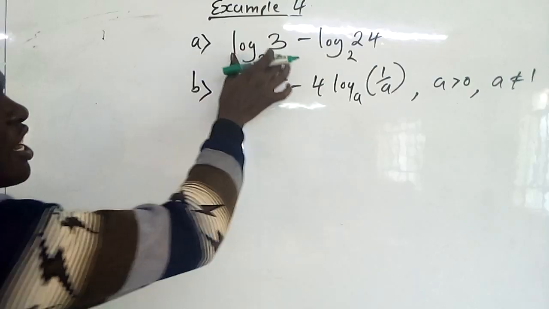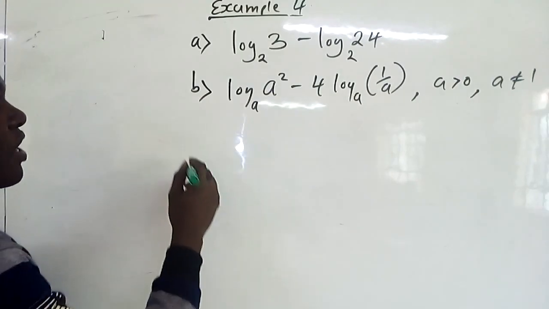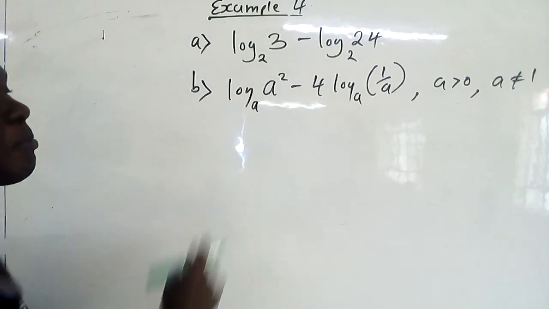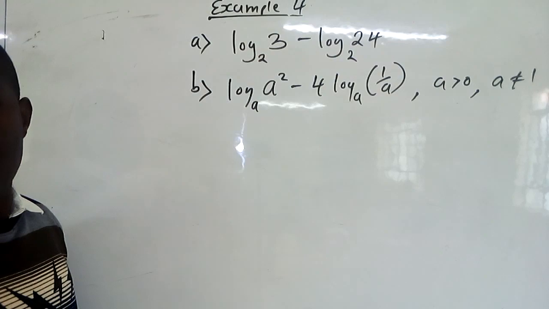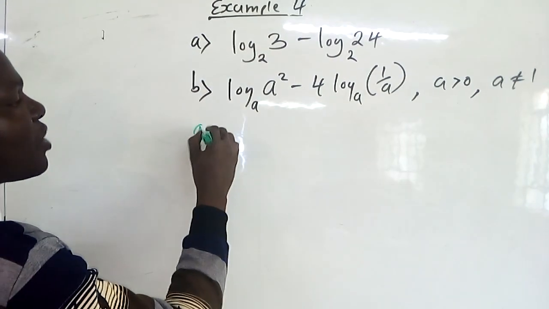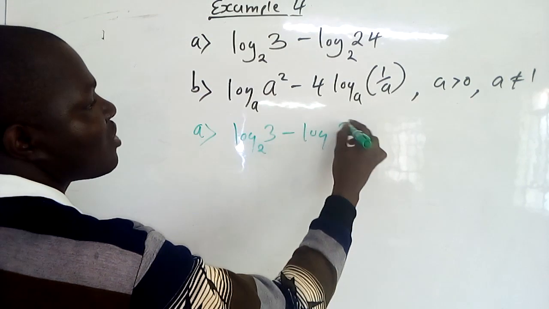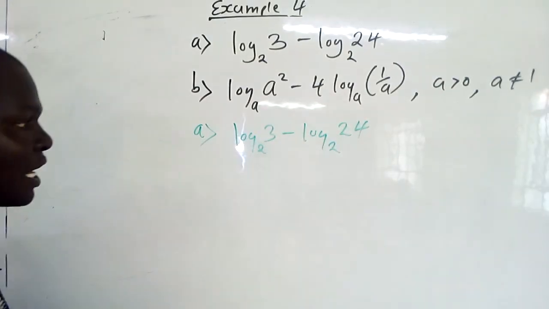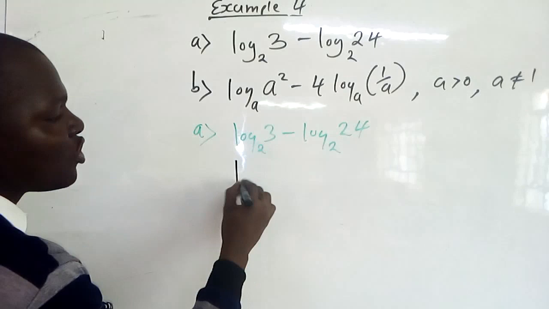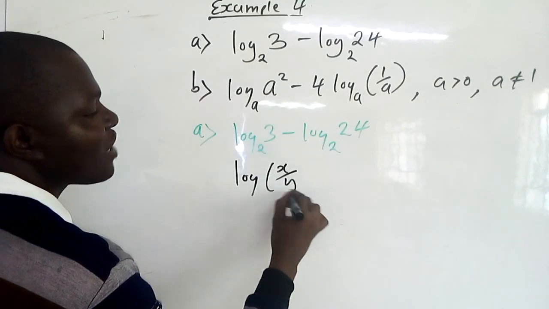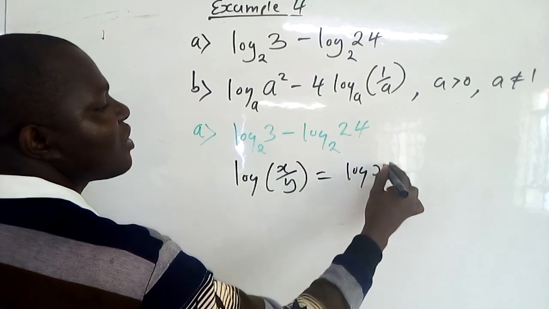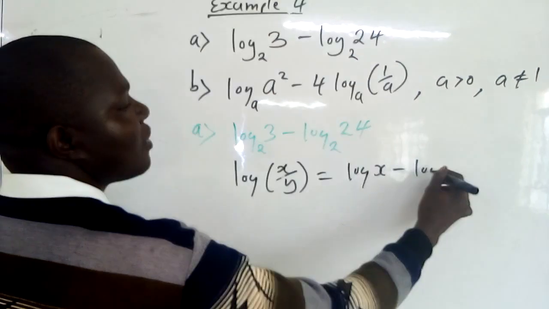It is direct. Same base with subtraction. It means we use this law of logarithm, isn't it? So part A we have log 3 to base 2 minus log 24 to base 2. If you have the subtraction, when you have log x over y, that is the same as log x minus log y, division means minus.